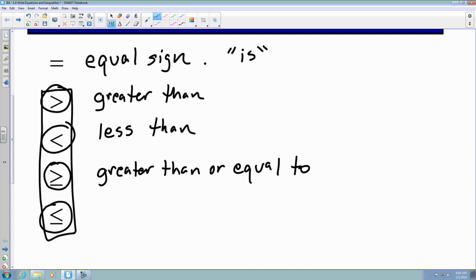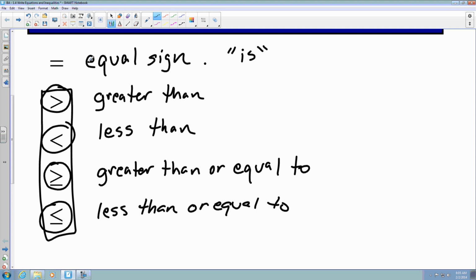And the last one here is less than or equal to. What makes it equal to those two bottom inequalities is that little bar below the inequality sign.